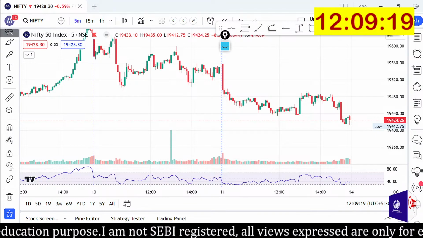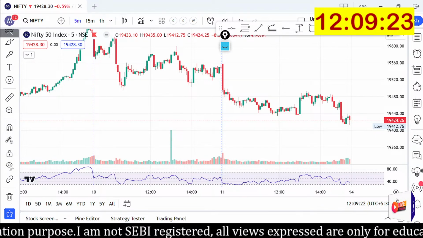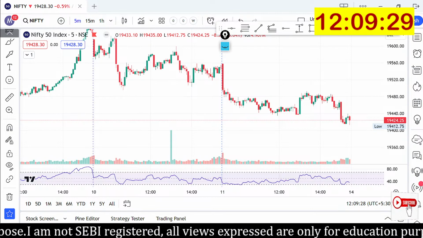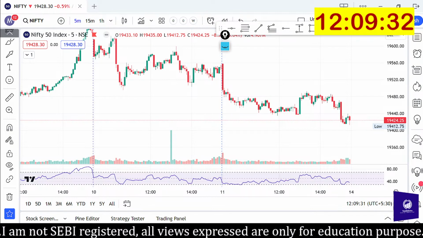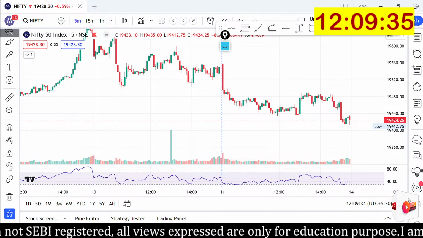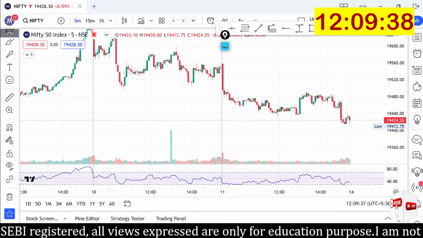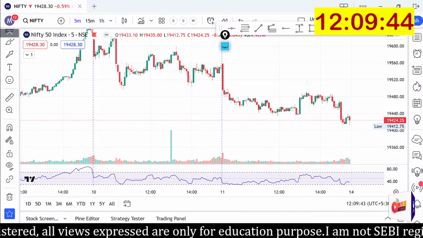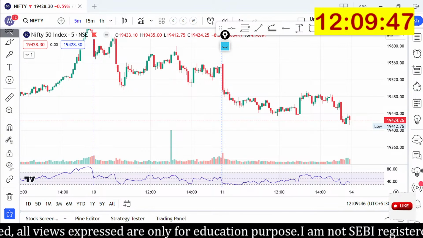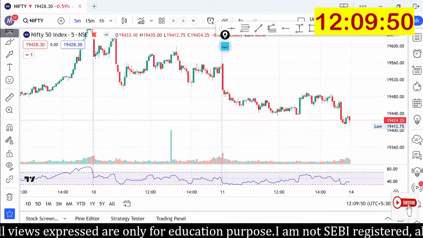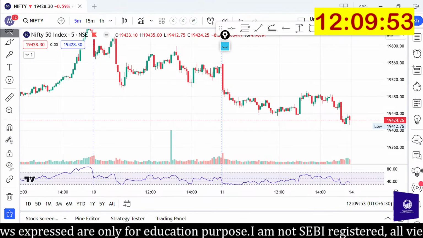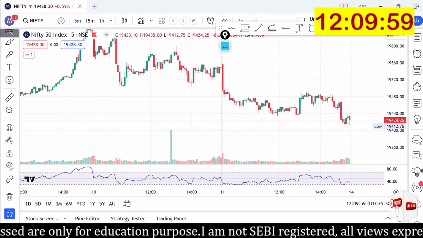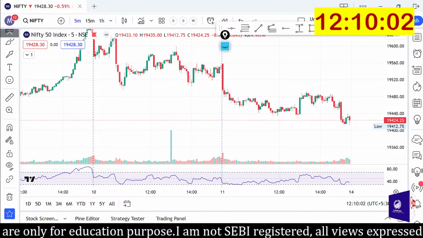So how many of you are aware of the basic price action? How many of you are still using different indicators for your trading? Do you use indicators or price action?